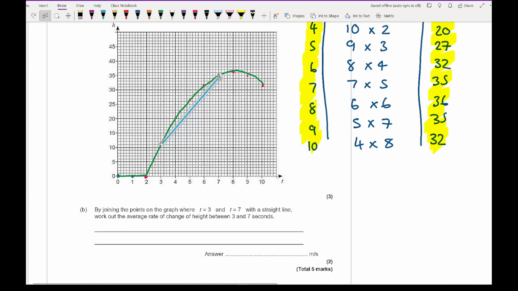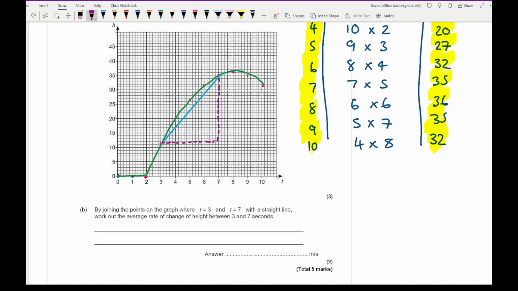So I need to work out the gradient of that blue line, and again, this is where working on a computer is incredibly frustrating when you're doing maths. And there we go. So the next thing for me to do is to work out the gradient of this line. So if I choose a different colour, as accurately as I can, what I then want to do is count the squares using the scale that's being used.